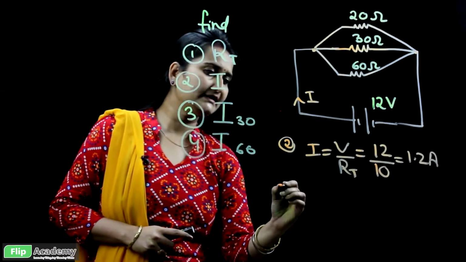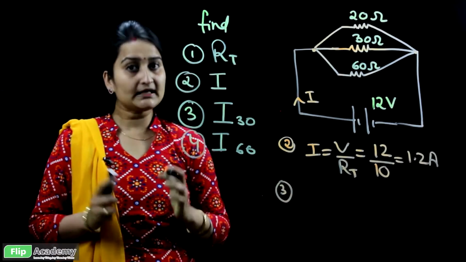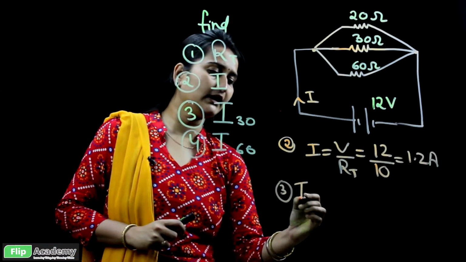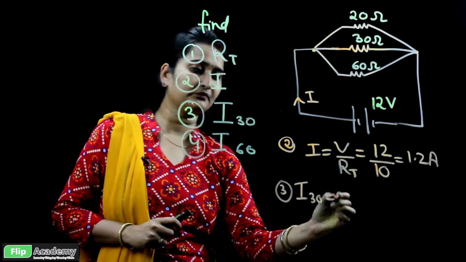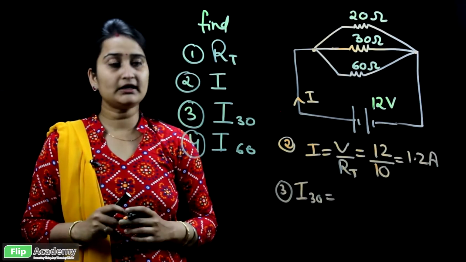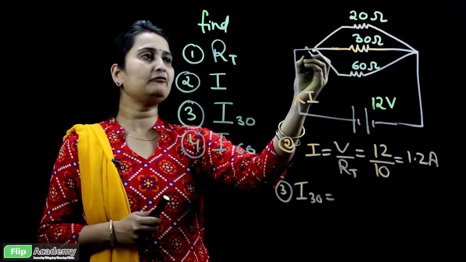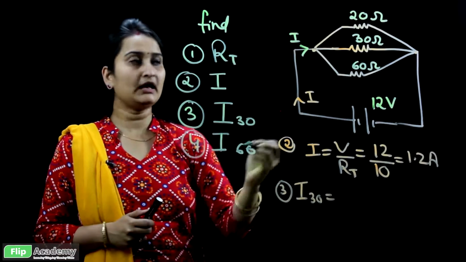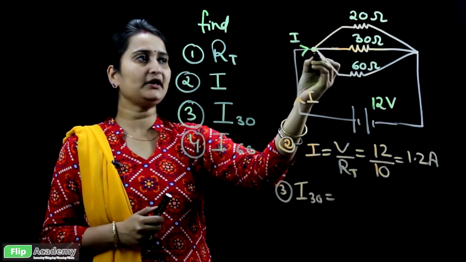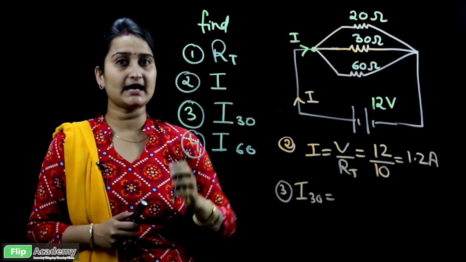Now let's see the third part. In the third part, you have to find the current flowing through the 30 ohm resistor. I have already told you that in a parallel circuit, when the current I flows and reaches this point, it gets split into three directions.